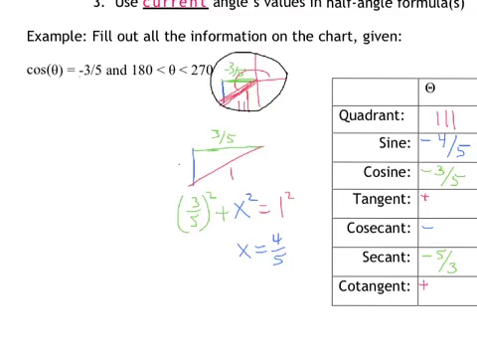A variation on this, which I've seen, which might be even easier because you don't have the fractions to deal with, is to go back to SOHCAHTOA and realize, all right, cosine is adjacent over hypotenuse. And so let's draw a triangle. And here, I'm not even going to worry about what quadrant this is or anything like that.